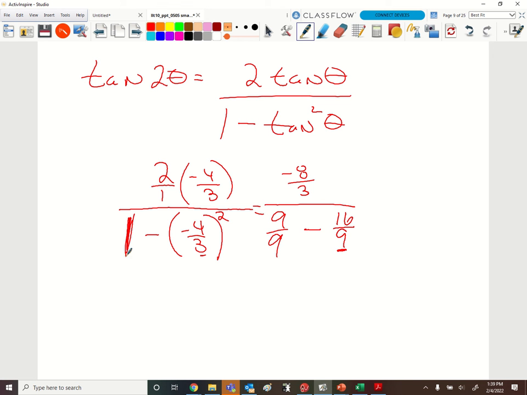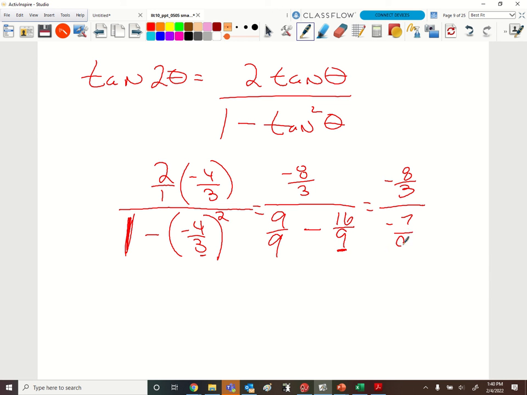Because I want to have common denominator, right? You just change this, but it has to match. It's the same value. It's still 1. It just looks different. All right. So now on top I get negative 8 over 3 divided by, now the bottom. What am I going to get on the bottom?